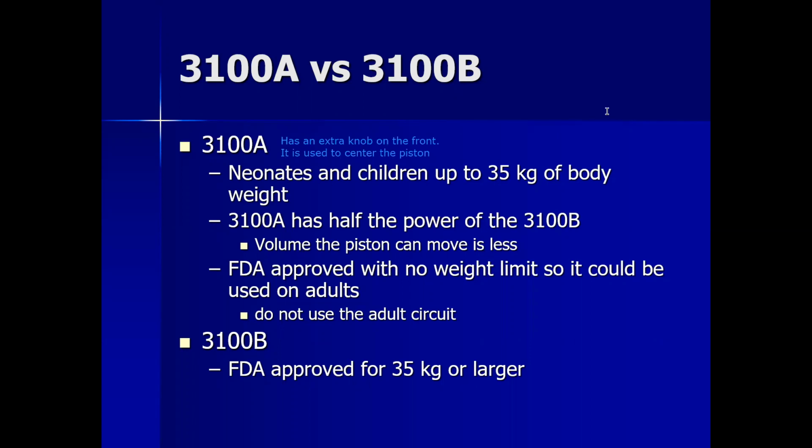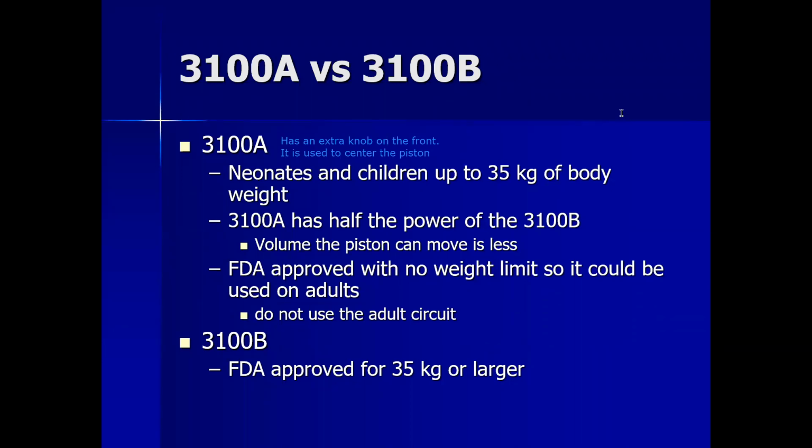So there's an extra knob on the front, and it's used to center the piston. The piston is like a big motor, and it pushes forward and it pulls back. And sometimes it starts pushing forward too much and not pulling back enough.